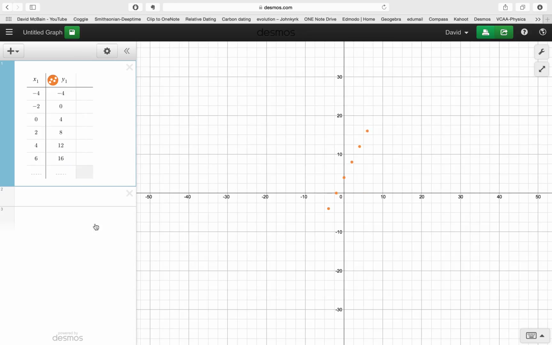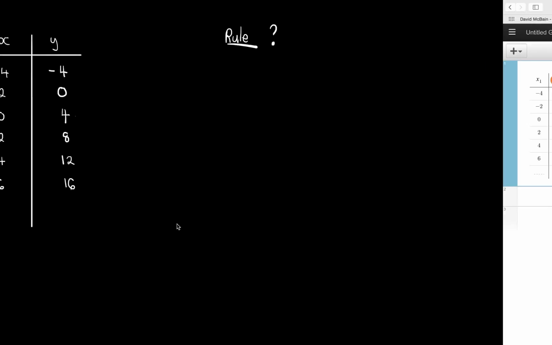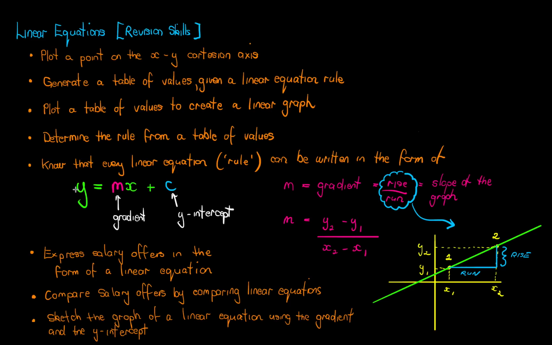Okay, so clearly they form a linear rule. They form a straight line. So let's see if we can work out what the rule is. Now, this will also come back to the idea of understanding how the gradient and the y-intercept affect a straight line.